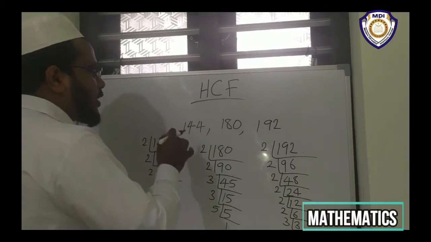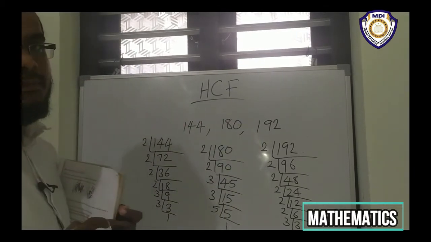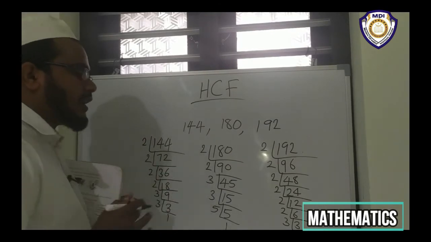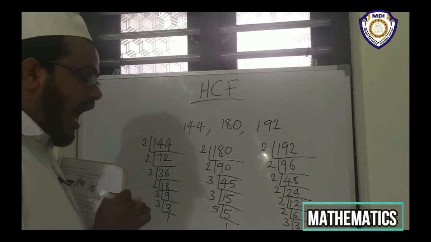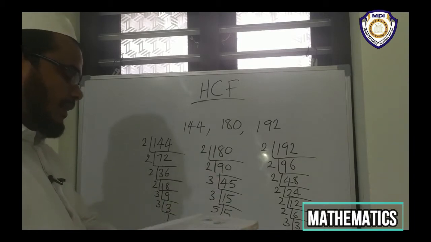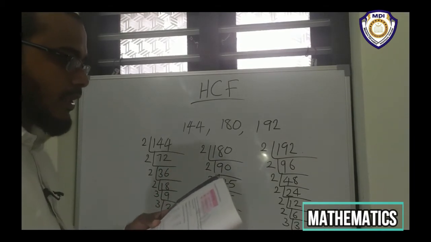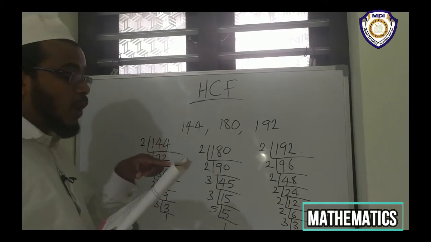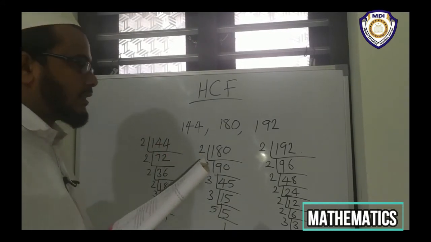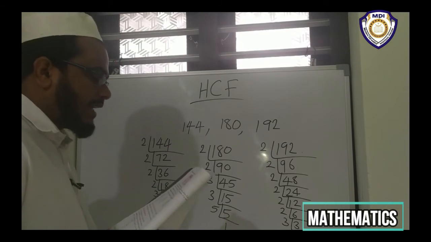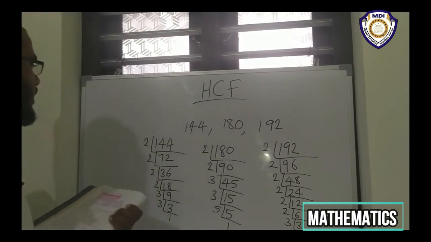First we have to do the prime factorization of each number. After that, please take your textbook, page number 50. The following table can be constructed. There is a table; I can write it at the top.